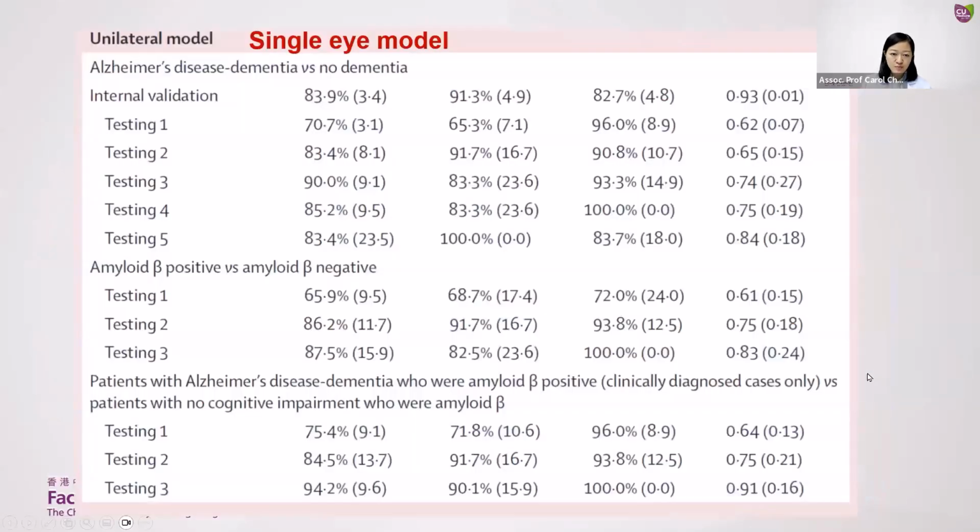So we found that the performance of the unilateral model in the testing was not as good as the bilateral model generally, but it is still acceptable. A unilateral model is essential for community screening of AD because it is not uncommon that the retinal photograph of one eye is not accessible due to media opacity.